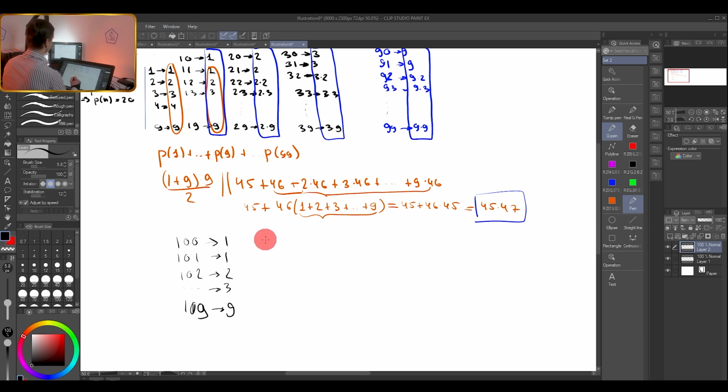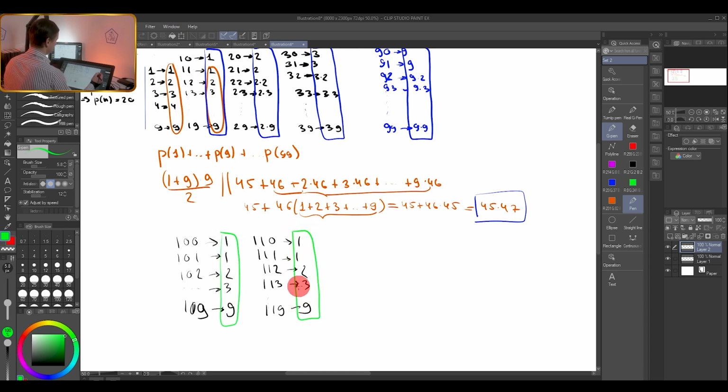Again, the total sum is 46, but when you move to the next 10 numbers, 110, 111, 112, 113, and so on, 119, here you will have a very similar pattern. The product of non-zero digits is 1, 1, 2, 3, and 9. So in the first two columns, everything is completely the same.